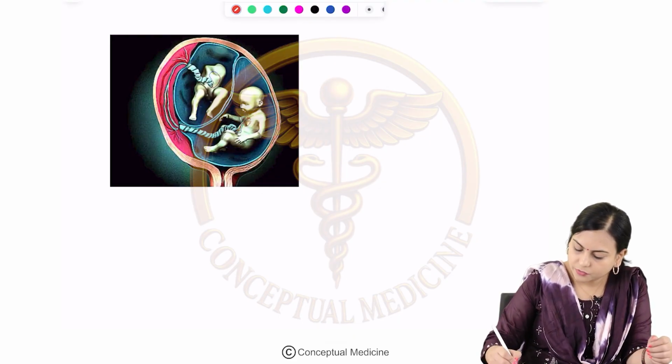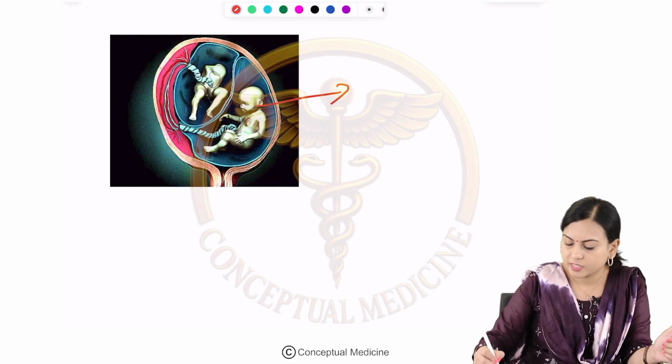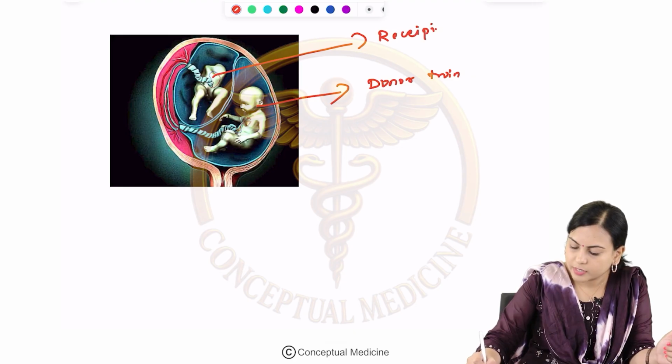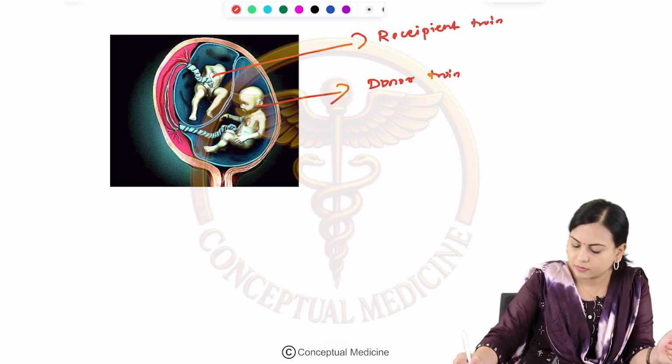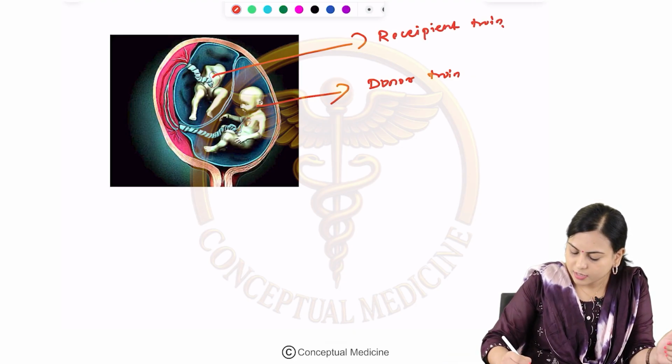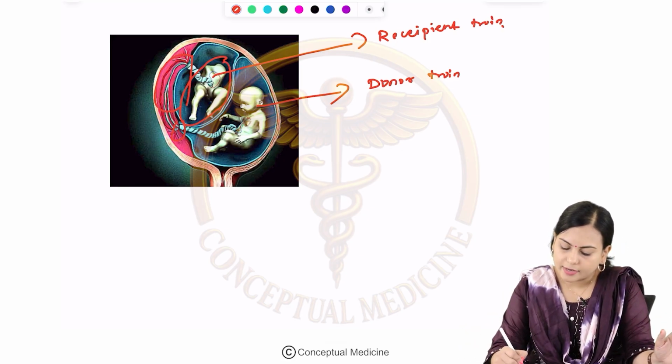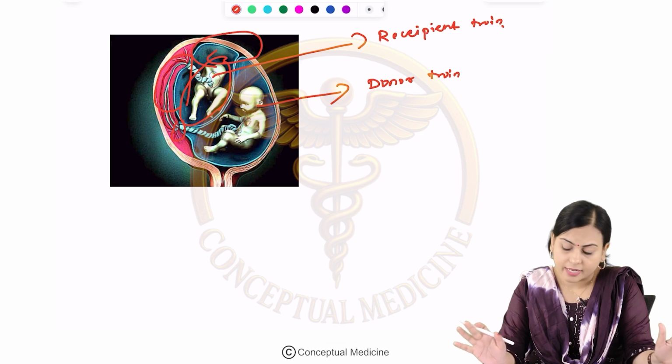This is going to be the donor twin and this is going to be the recipient twin. So, there is a connection here. And what is going to happen is the lower half alone is going to develop in the recipient twin and it is devoid of the upper half of the body including the head and the heart.